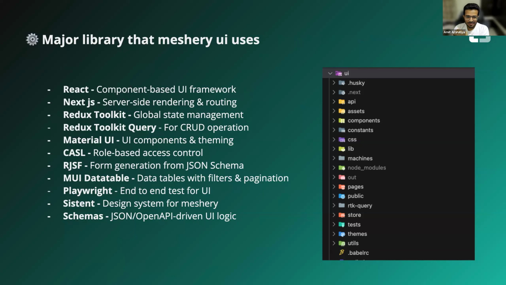Next is the Castle library. This is one of the most important libraries because it provides us role-based access control. As I previously mentioned, we have an identity access management system as well, so we can share our resources with other people, other organizations, and other teams.